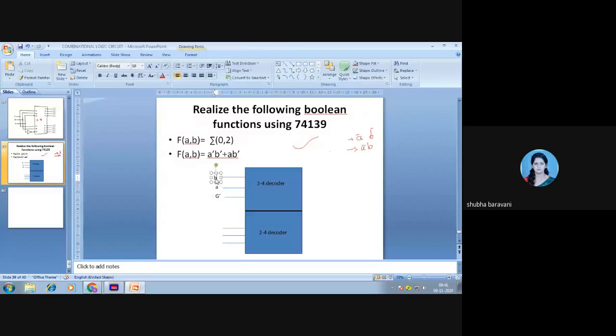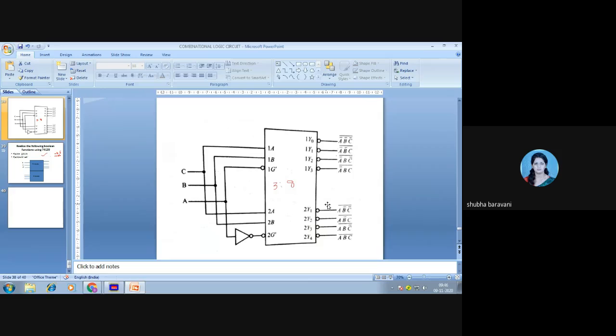So now two inputs. How many outputs? 4 outputs. So I'll write 4 outputs: 1, 2, 3, 4. Now see, if you remember, I had said that a 3 to 8 decoder is an active low decoder.